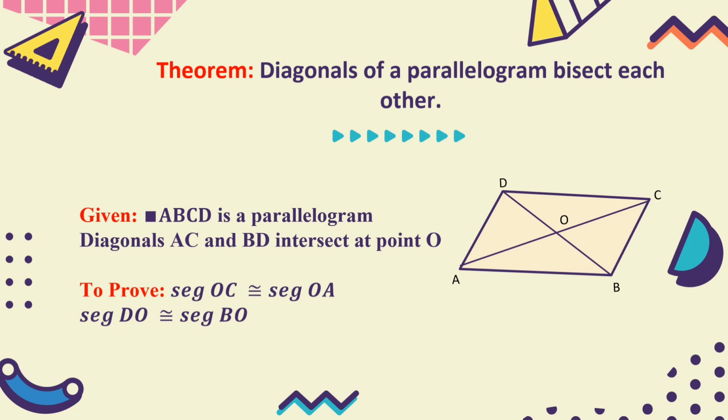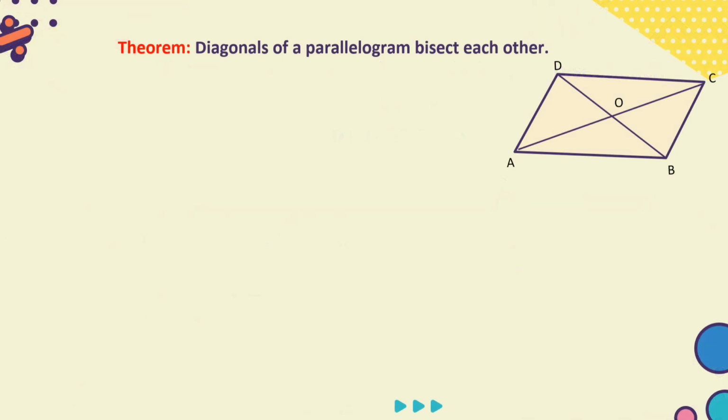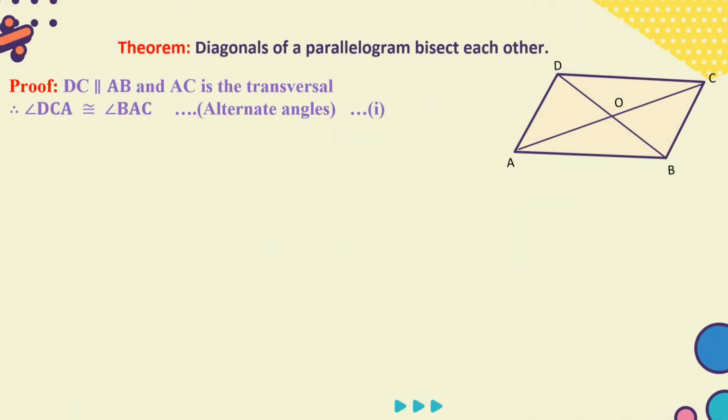Now to prove this, over here DC is parallel to AB and we are taking AC as the transversal. Can you all see a Z being formed? That is by alternate angles.